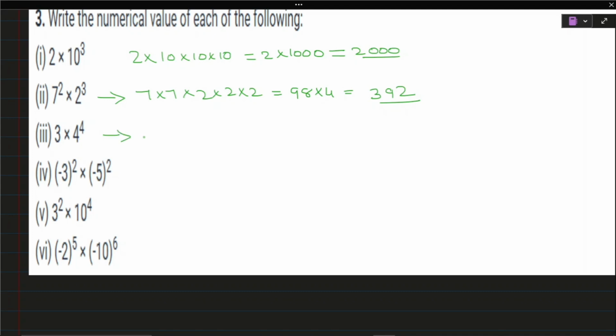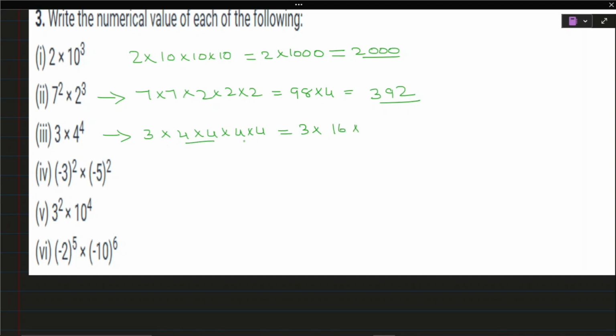Now next answer, that is 3 multiplied with 4 raised to 4. We can write 4 is repeating 4 times. In exponential form, the multiplication symbol will come every time, because exponential form is the short form of repeated multiplication. So this we can write as 3 multiplied with 4 into 4, that is 16.